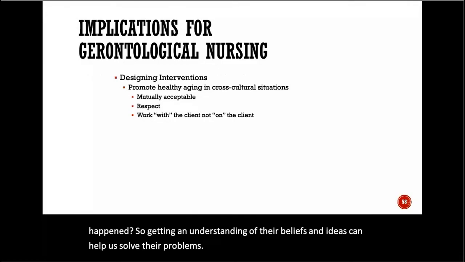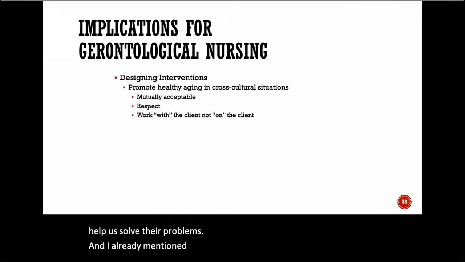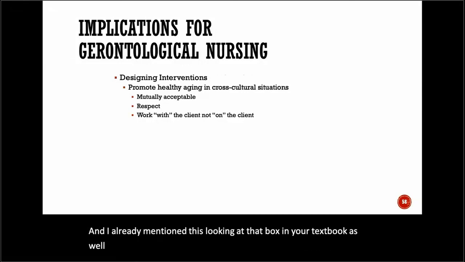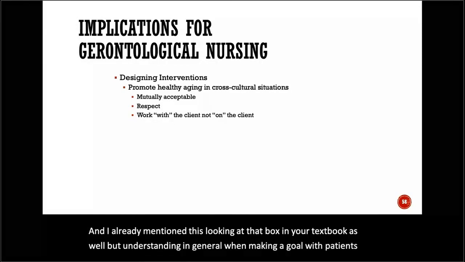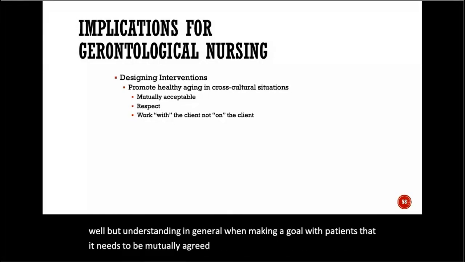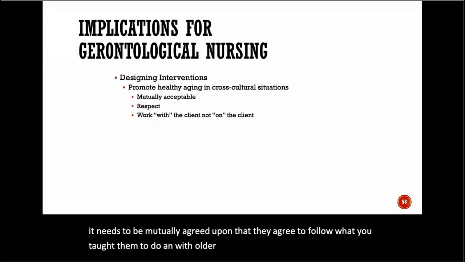I kind of already mentioned this, looking at that box in your textbook as well, but understanding that in general, when making a goal with patients, it needs to be mutually agreed upon, that they agree to follow what you taught them to do. And with older adults, this aspect is even more important.